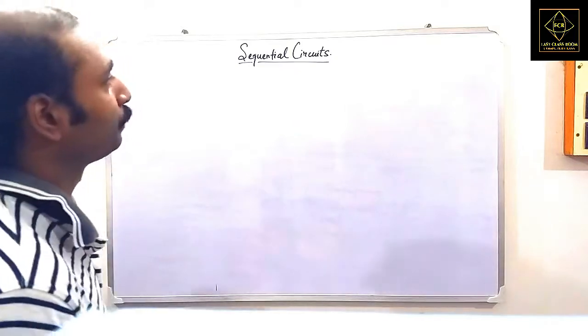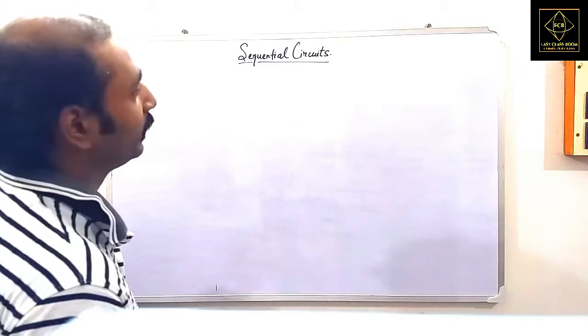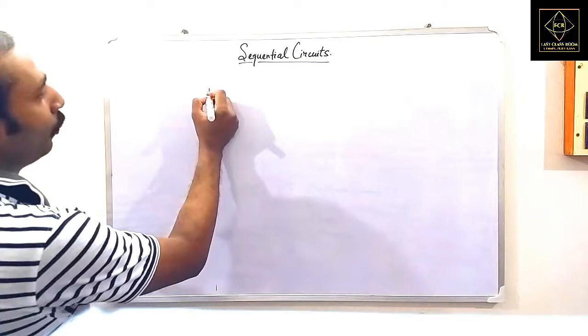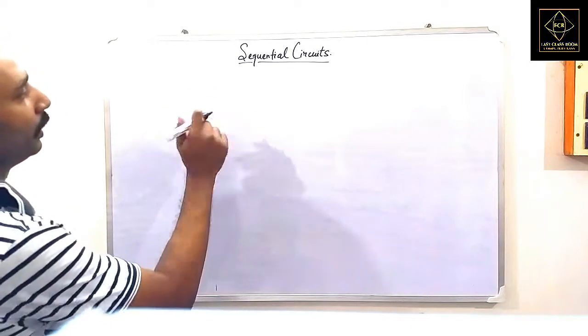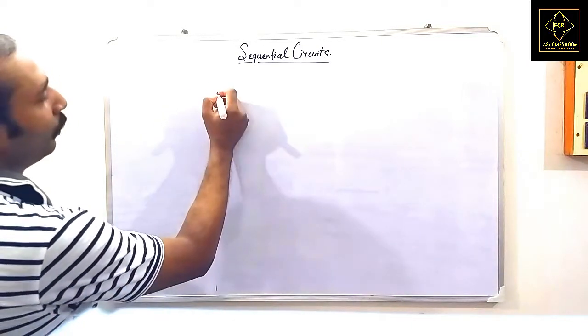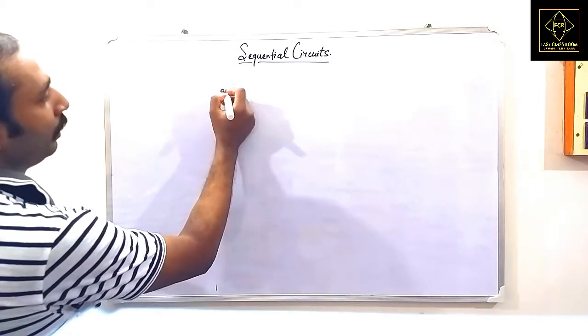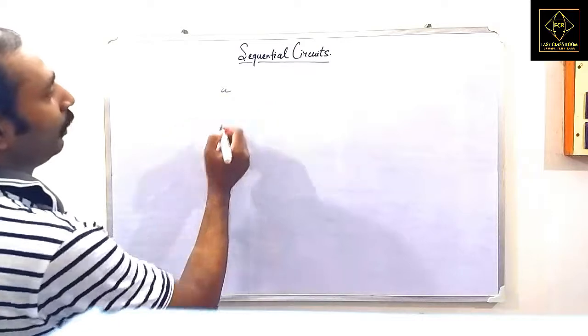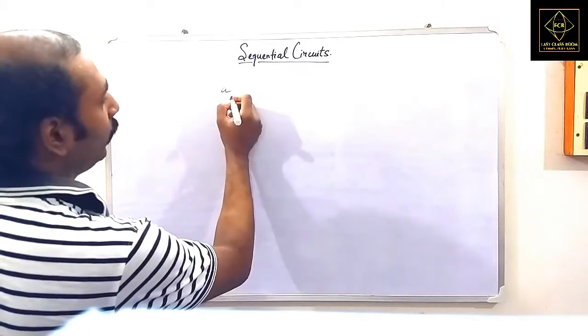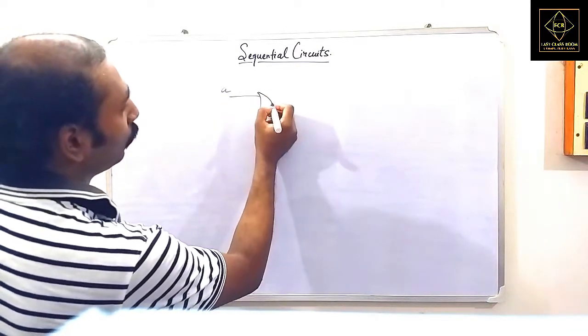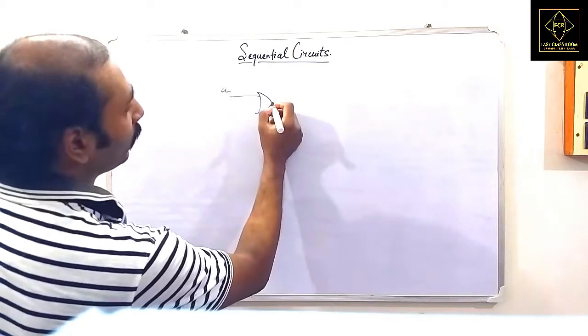To create that, say for example, we have a circuit with an OR gate with input A, and we are feeding that to an OR gate, right?